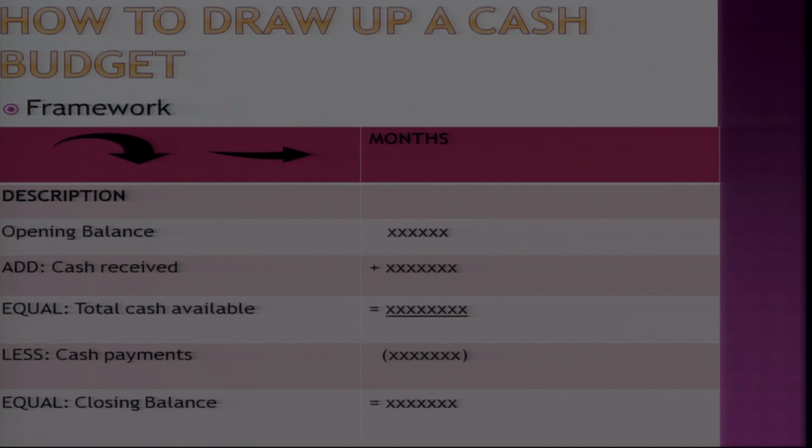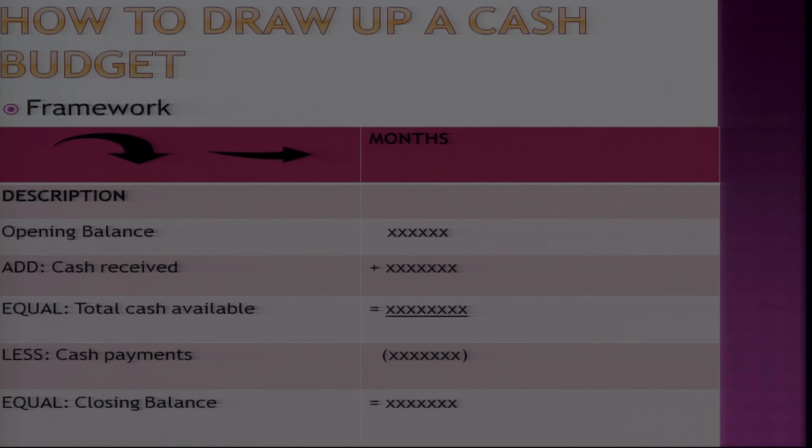And it's always opening balance, add cash receipts. Now, in your question, they will indicate what the receipts are, but you need to be able to identify them. Remember, I told you the elements. The receipts are income, right? If you know that cheat sheet, it's going to help you for the rest of the semester.